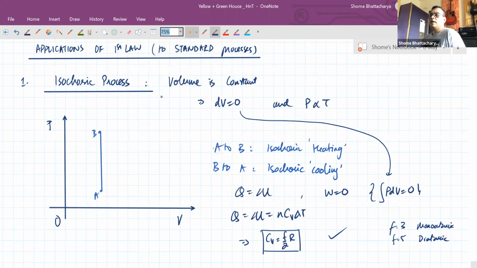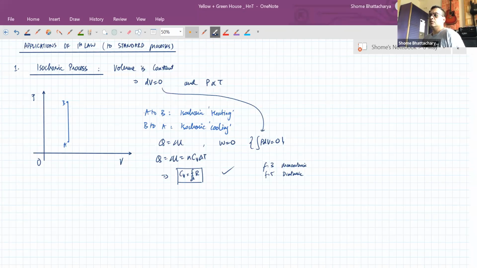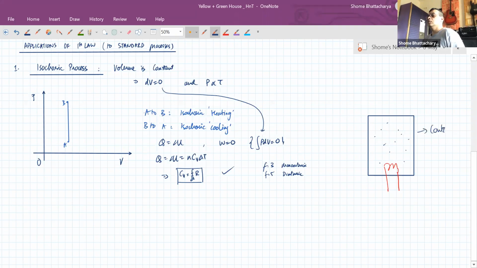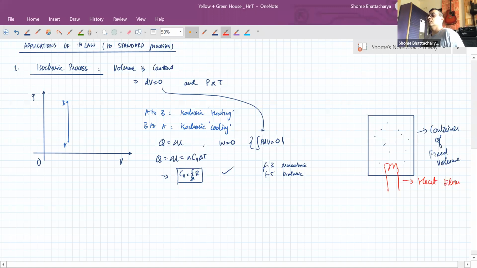So for example, how would you actually implement an isochoric process? You would implement it like this. You would keep your gas in a container of fixed volume. And then accordingly, you can either supply heat to increase its pressure and temperature, or you can withdraw heat. So container of fixed volume, and you have a heat element.